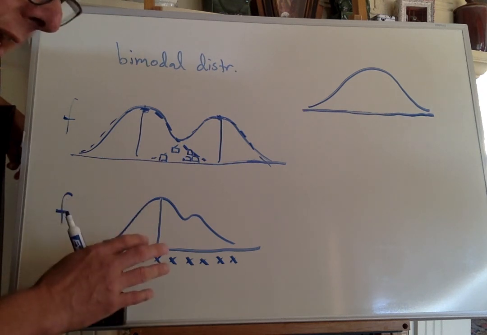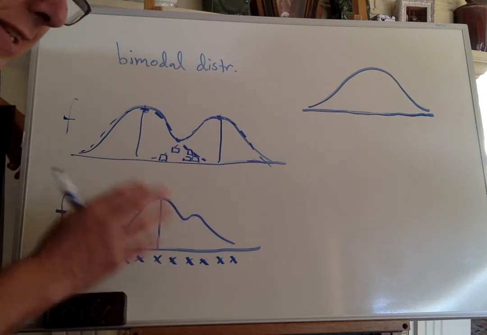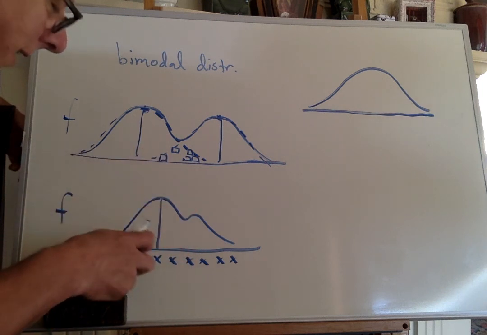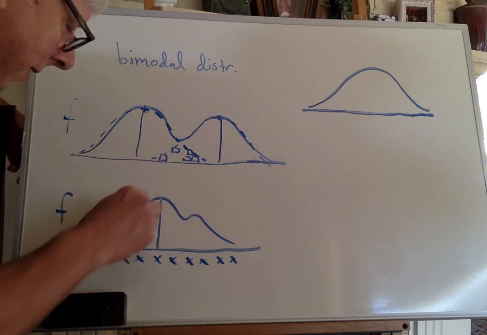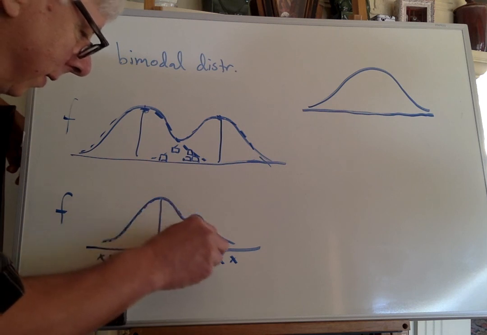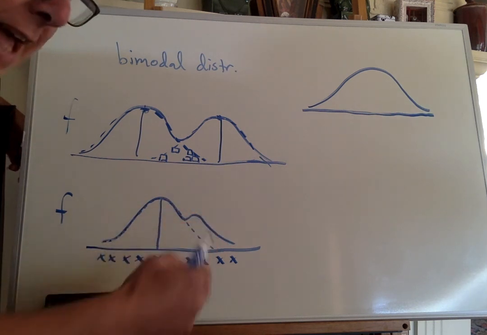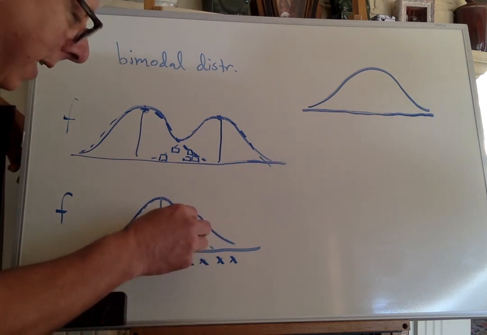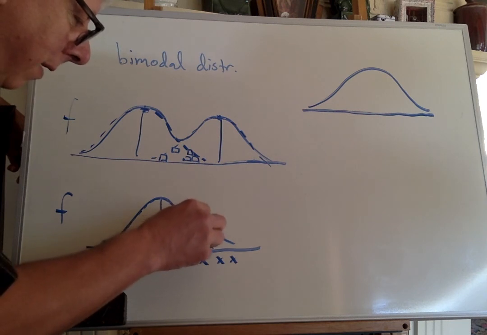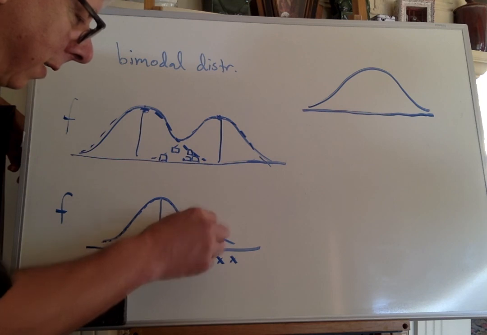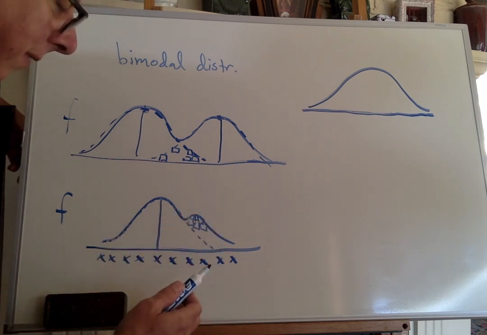And again, when I see any curve that looks like this, I sort of think, is this a normal curve with something added going on here? Remember, now there's a few people out here, right, that don't fit the normal curve.